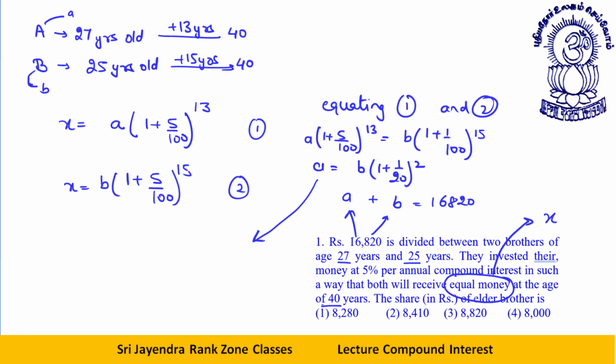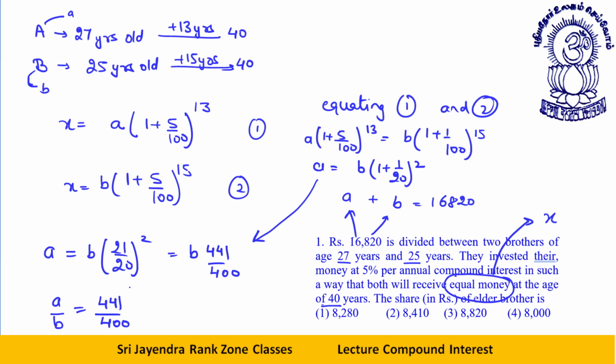So from here what do I get? A is equal to B into (21 by 20) squared, is equal to B into 441 by 400. This is the ratio. You can say A is to B is equal to 441 is to 400.